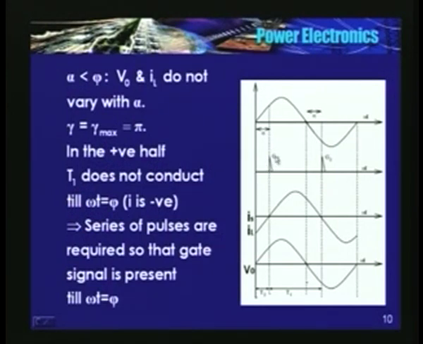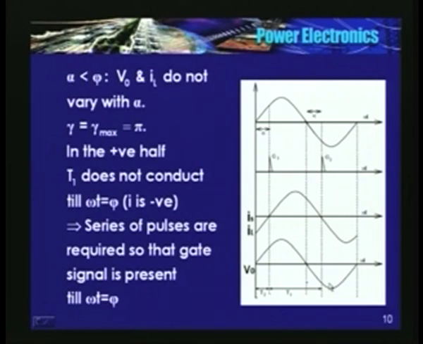So you need to have a series of large number of pulses till omega t is equal to phi. In other words, there should be trigger pulses till omega t is equal to phi. Only then you will have a sinusoidal current and a sinusoidal voltage applied to the load.